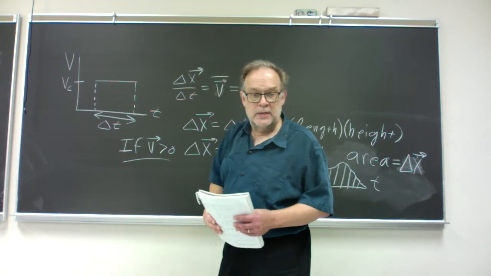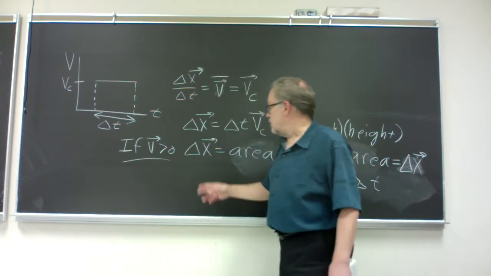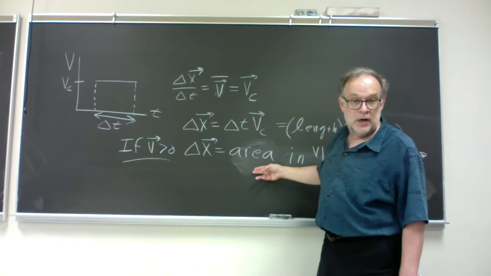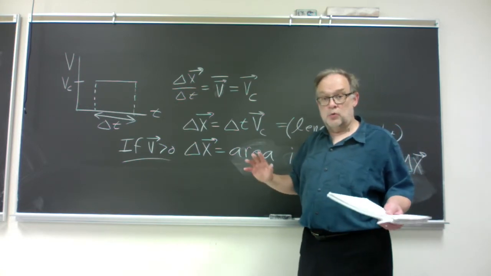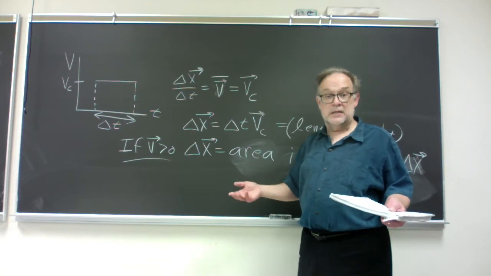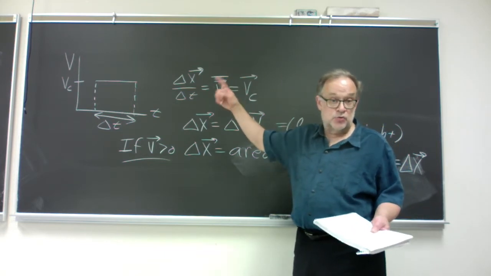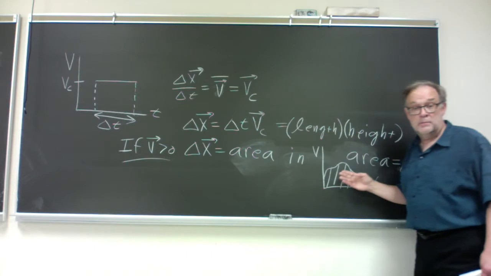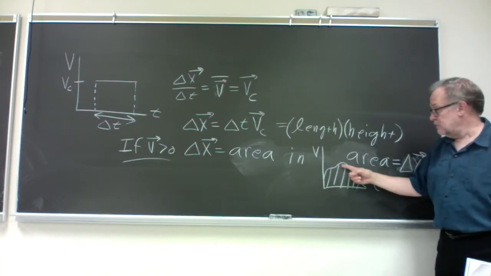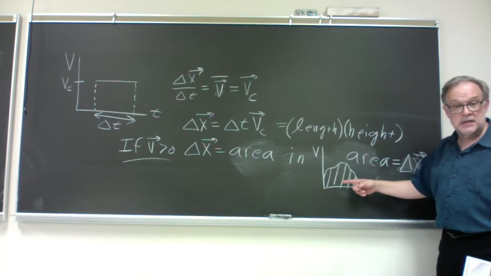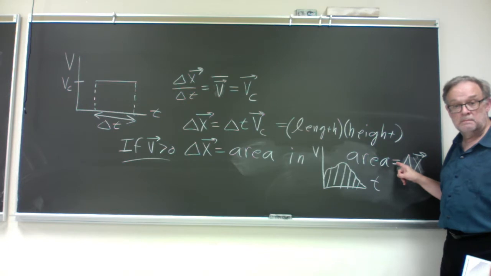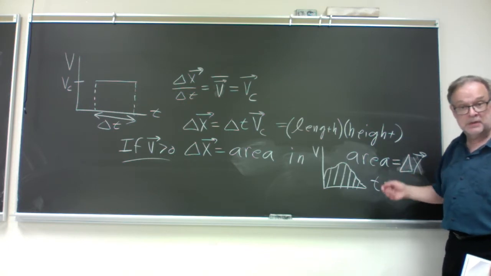And the important thing is that this relationship, displacement equals the area on the velocity versus time graph, is true no matter what the velocity line looks like. It doesn't have to be straight. It could be a complicated kind of velocity line, but it's still the case that this area between the velocity line and the time axis is equal to the displacement that happened.